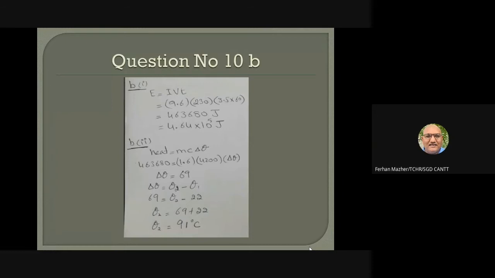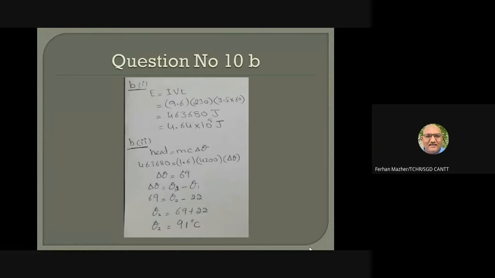So delta theta will be equal to 69. When you do this calculation on your calculator, you will get the answer 69. And you know delta theta means change in temperature, that's final temperature minus the initial temperature. Initial temperature is 22. I want to know the final temperature. So the final temperature will be the initial temperature plus the change in temperature.